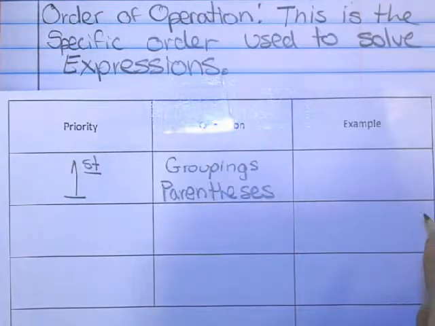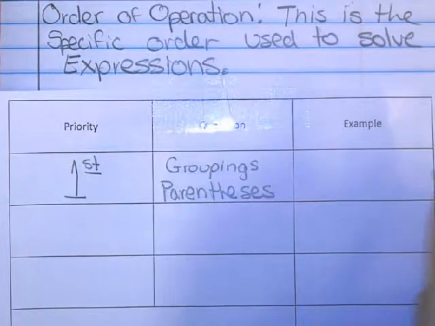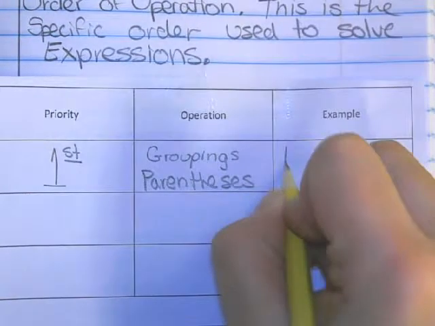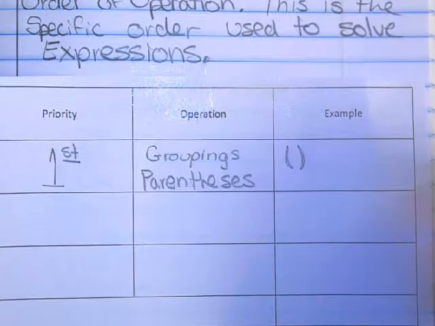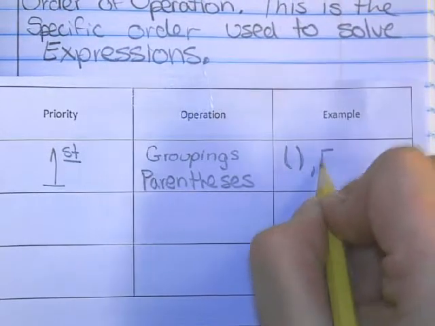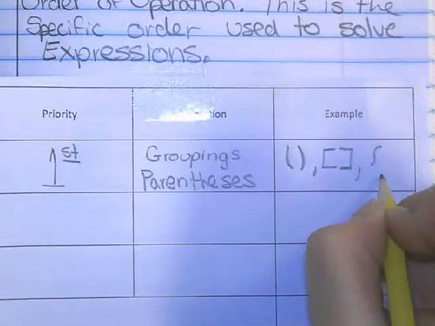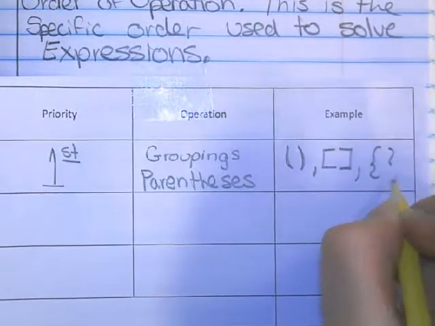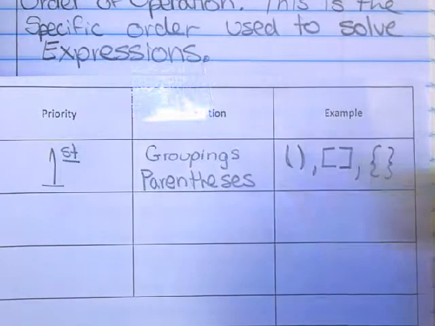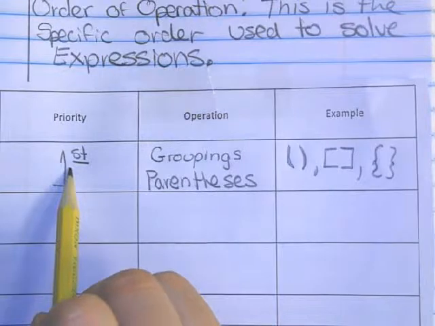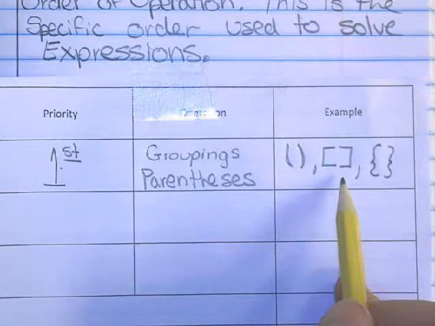Groupings or parentheses might look like the typical parentheses, or they might look like these brackets, or they might look like these. Any of those are grouping symbols, and they tell you that the things inside of them need to be done first. First priority, anything in these grouping symbols.